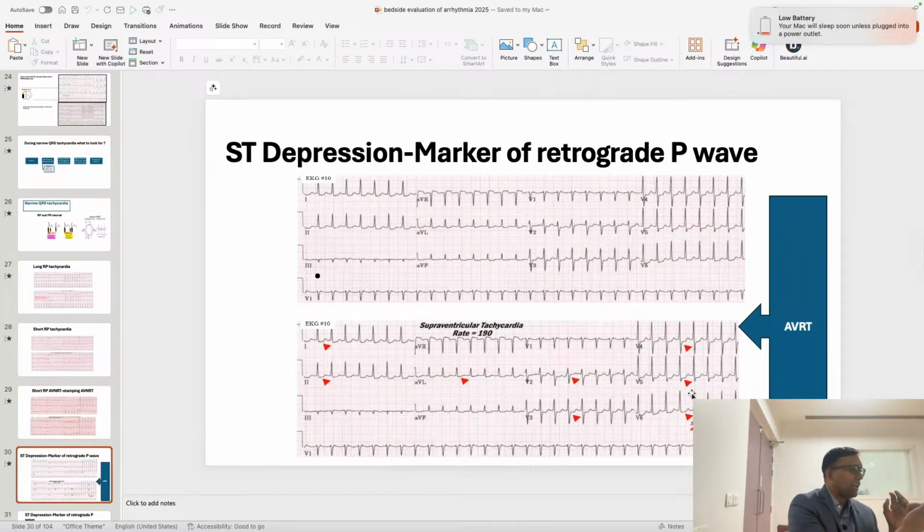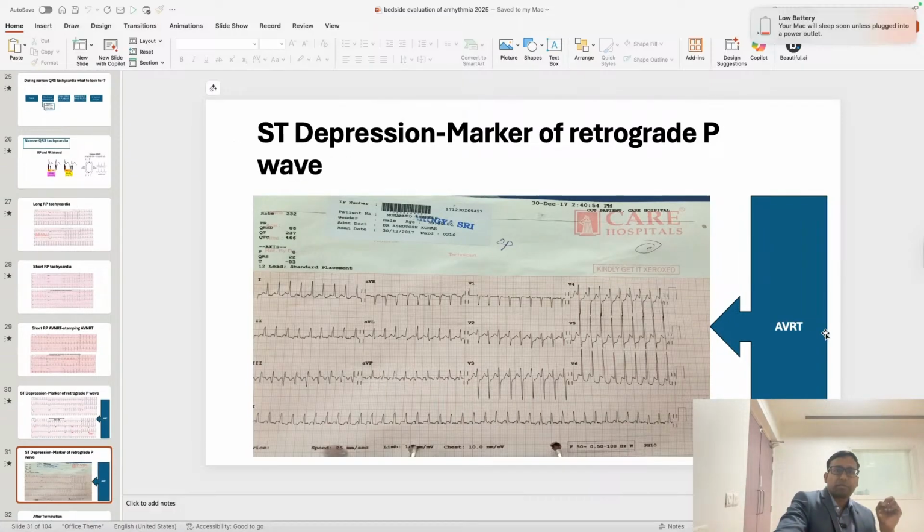This is happening on the lateral side of the heart, meaning the left atrium is getting activated first, and that's why it gives the impression of an inverted P wave on that side. So this is ST depression and this is AVRT, sorry. As electrophysiologists, we make a diagnosis of AVRT from ST depression.